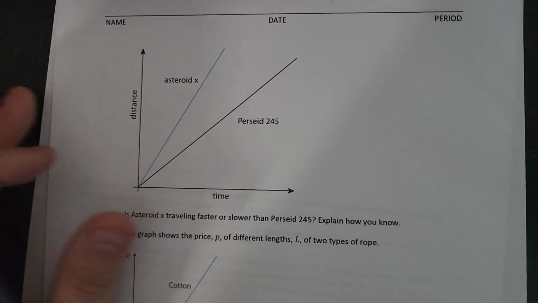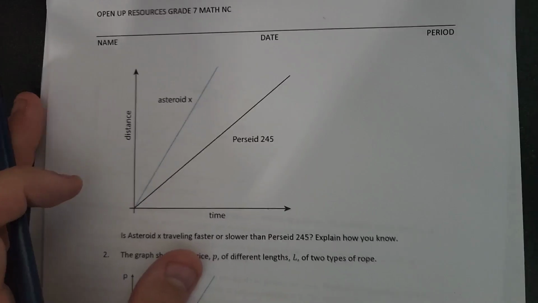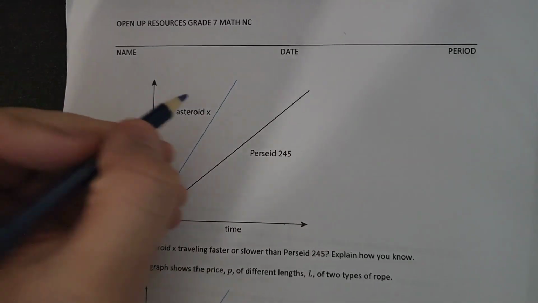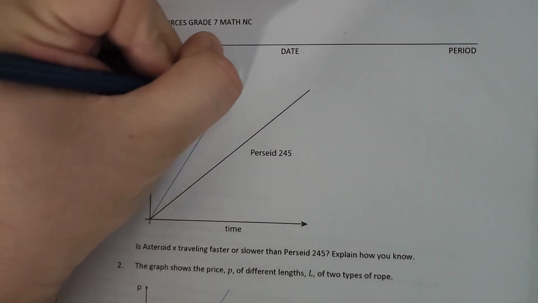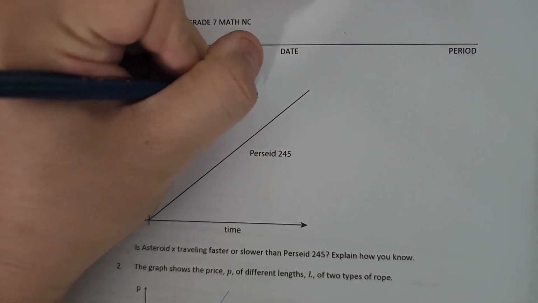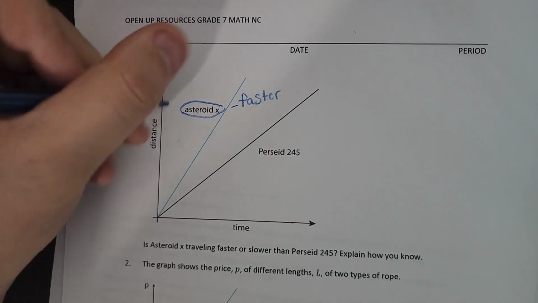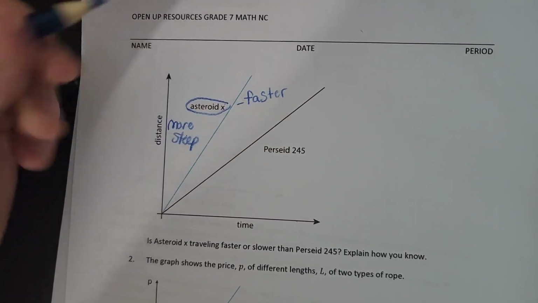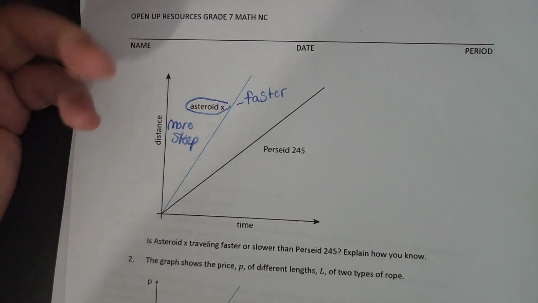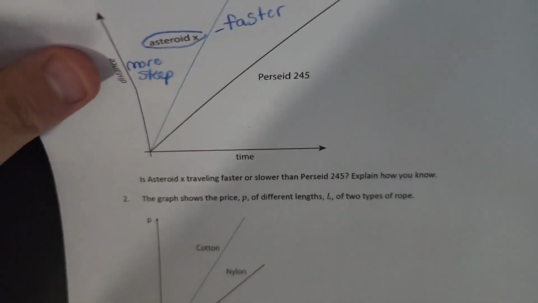So I want you to pause the video and answer this question. Great. So you should have said asteroid X was traveling, yeah, faster. What tells us that? Well, it's the steepness. It is more steep, or it's higher than Perseid, okay? And that's all that question was asking.